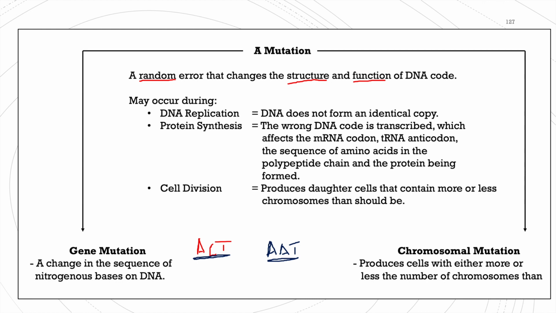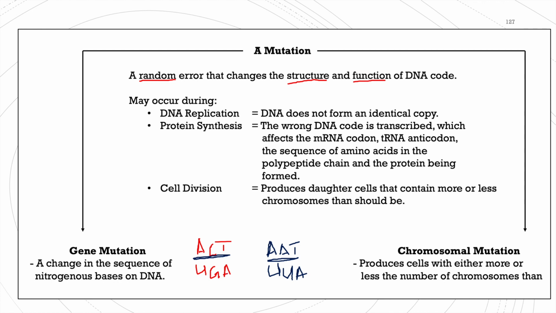Okay, of course, this is going to have implications in terms of the mRNA codon that is made. The mRNA codon now will be U, A, A, instead of U, G, A. Okay?